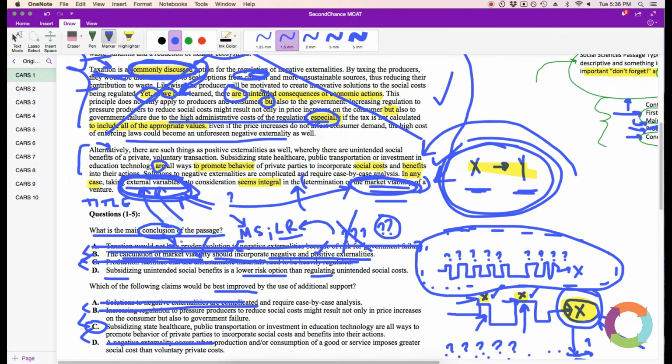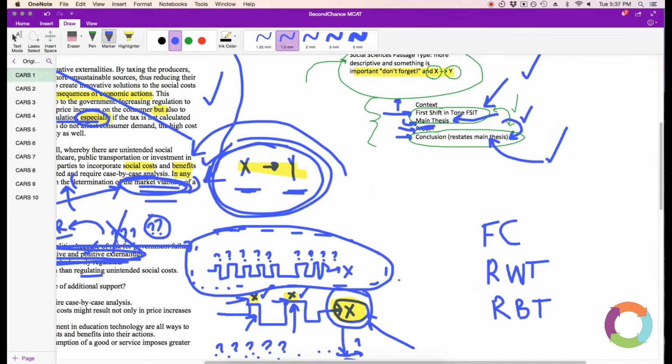That's not the main conclusion, as much as it is incorporating these variables, these externalities, right? And you should feel that that's the case, because remember, with economics passages, generally speaking, they never say that this thing is more important than this thing. They usually have a balanced view of solutions. They'll say, well, this thing is good and it's also bad.